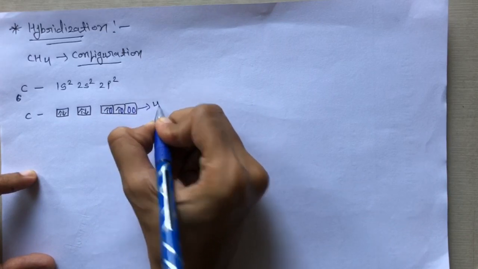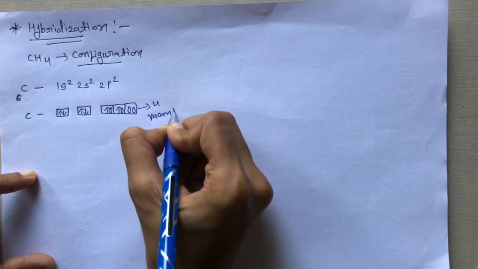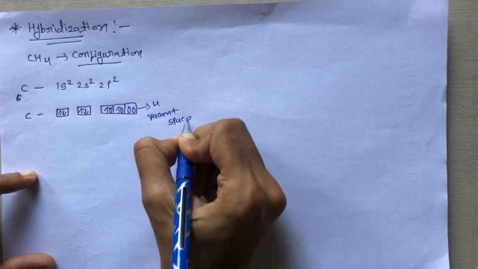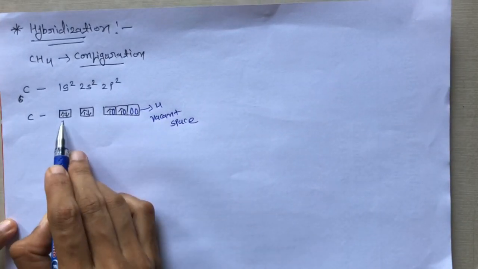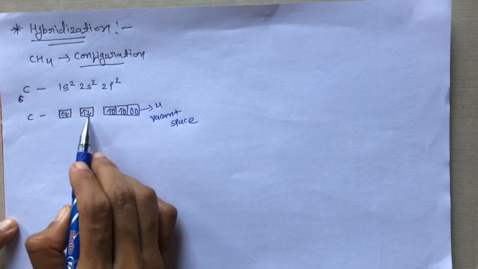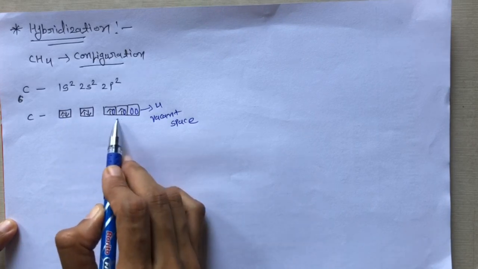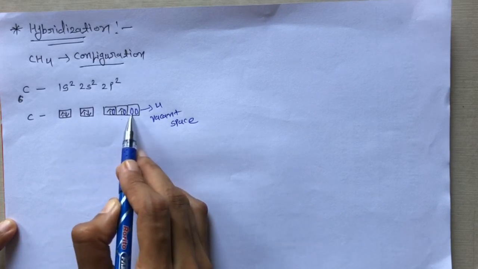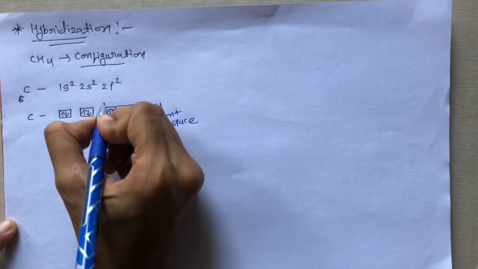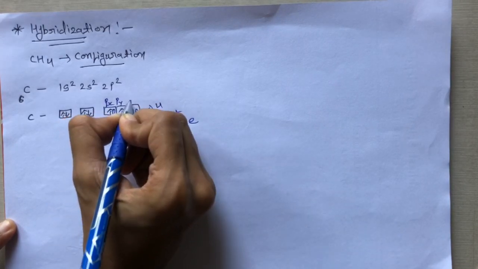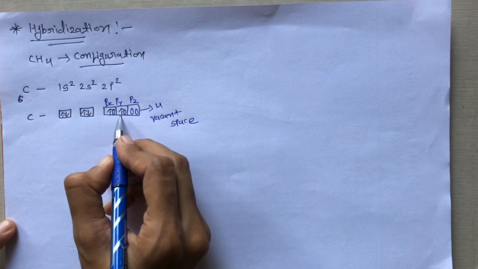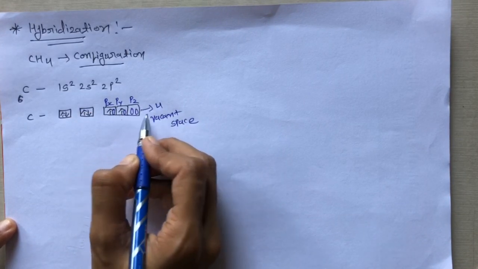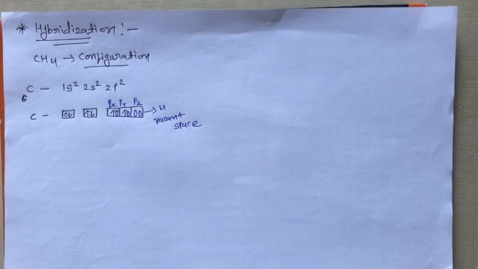There are 4 vacant spaces here, you can see, right? Here 2 electrons are paired, here 2 electrons are paired, but in 2p the 2 electrons are unpaired and Pz is vacant. Px has 1 unpaired electron, Py has 1 unpaired electron and Pz is fully empty, right?